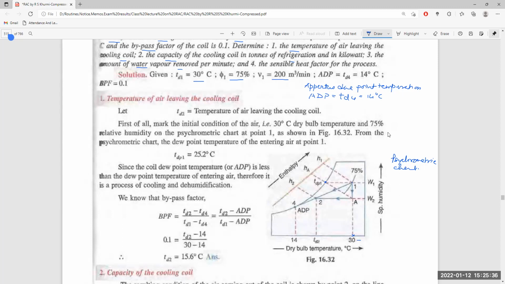We know the bypass factor is (TD2 minus TD4) divided by (TD1 minus TD4), where TD2 is the dew point temperature of the outgoing air, TD1 the dew point temperature of the incoming air, and TD4 the dew point temperature of the coil.